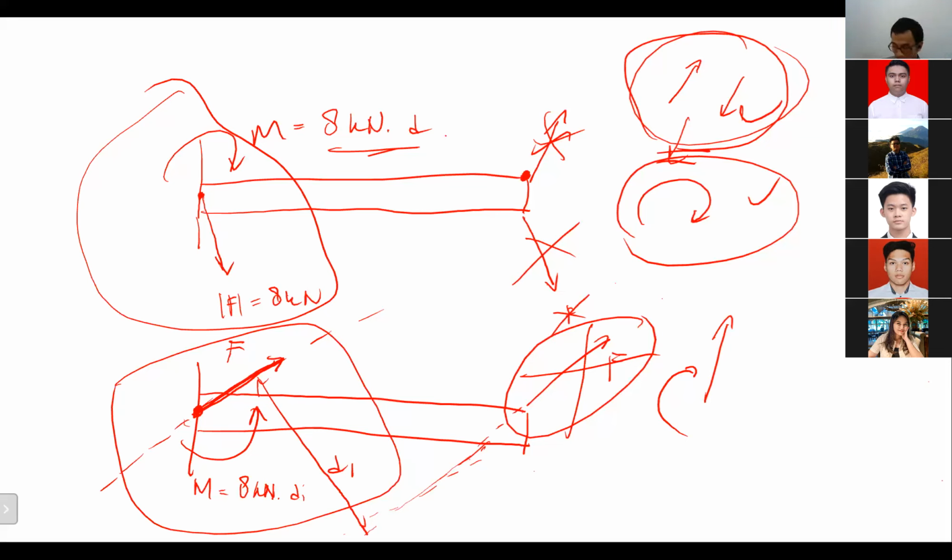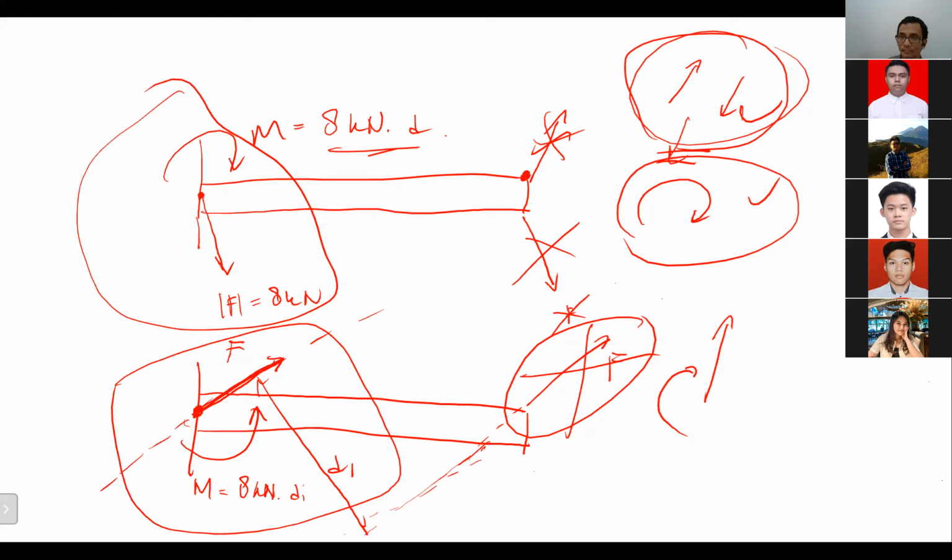Any other question? But I still don't understand. Based on your explanation, when we move a force, its couple will just be there, naturally. Oh yes, that's correct. If we move a force from one point to another point, which is not in the same line of action, you will produce a couple.